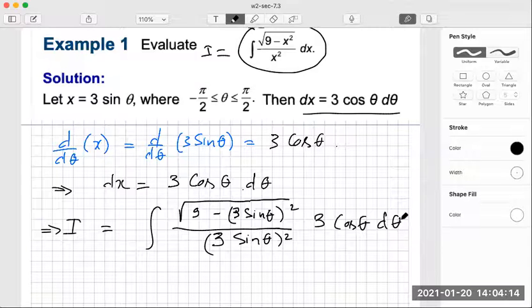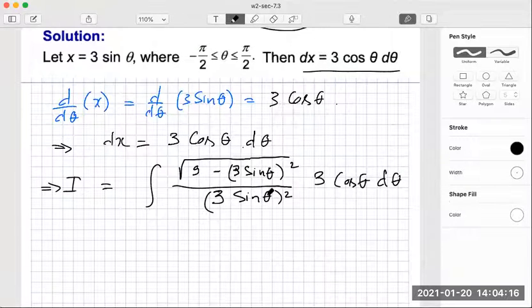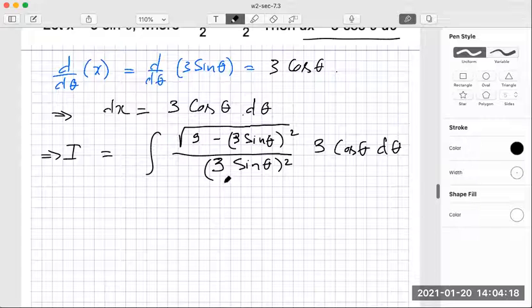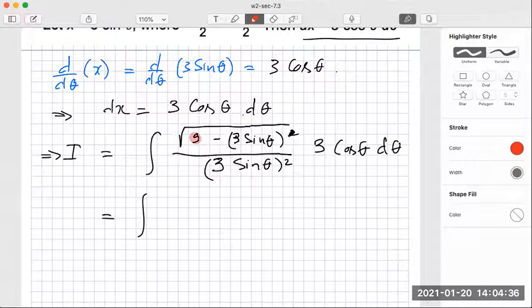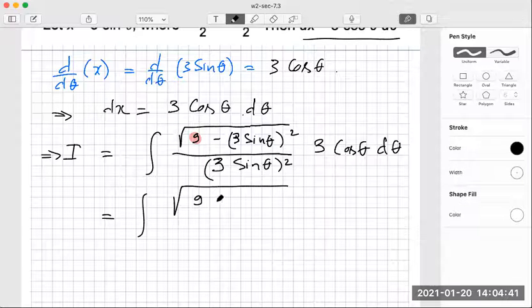Now, what we need to do is to deal with this integral. Okay, what should we do now? Yes, very good. Let us simplify it. What is the common thing between these terms? Yeah, we can write it as 9 minus 9 sine square theta, right?